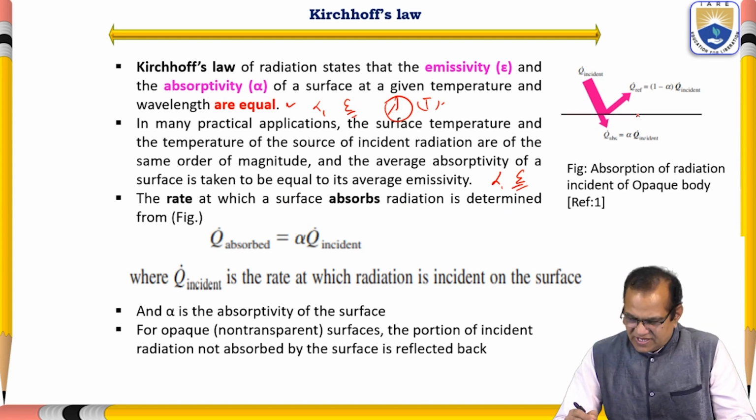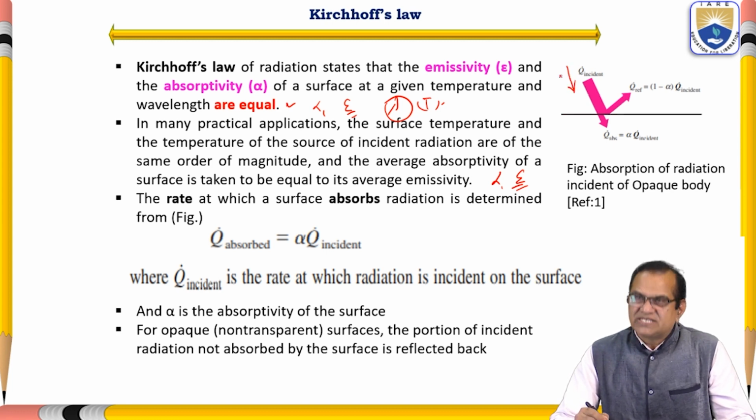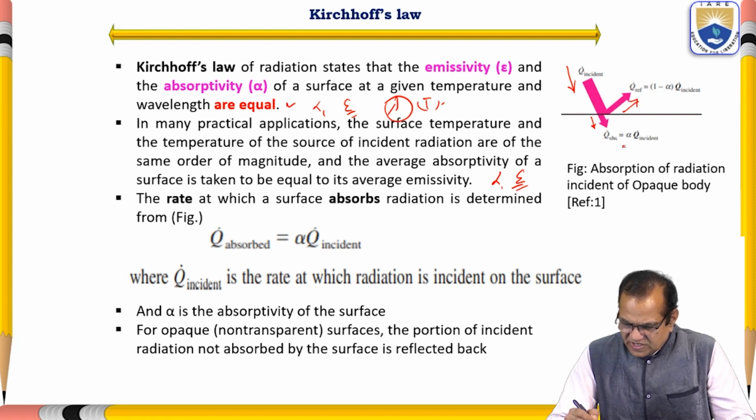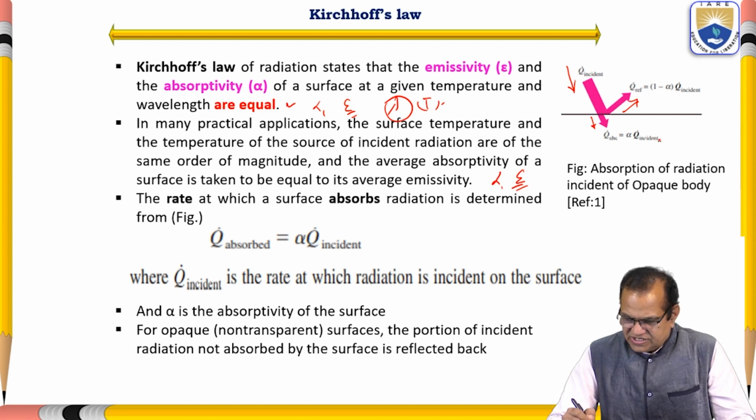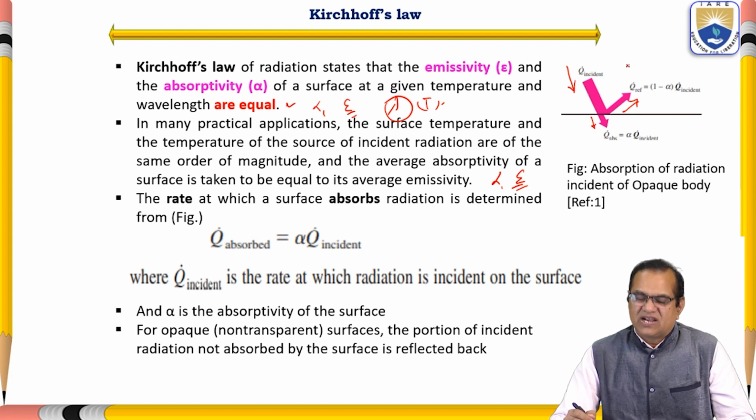In this figure, the radiation is coming in this way, Q incident. Some will be absorbed and some will be reflected. So Q dot absorbed is equal to alpha Q dot incident, and Q reflected is equal to 1 minus alpha into Q incident. So Q is divided into two parts: one is the absorption and another is the reflected one.